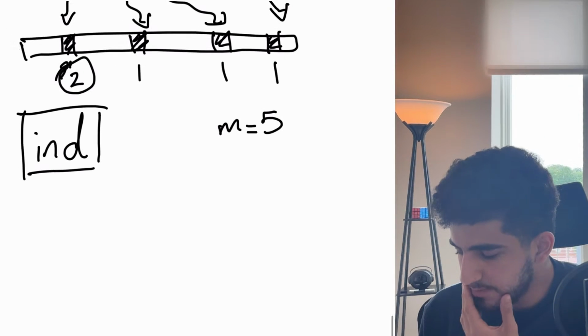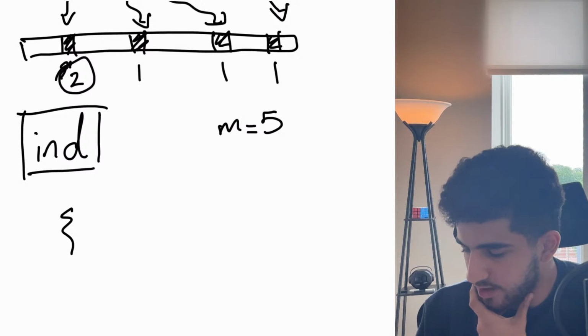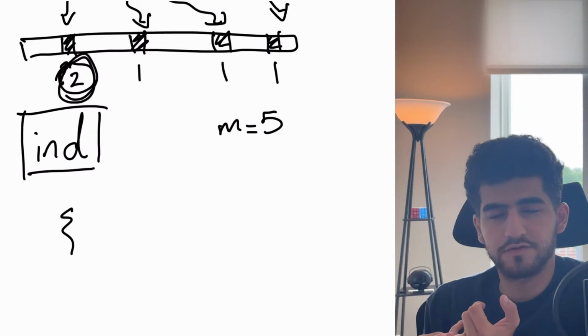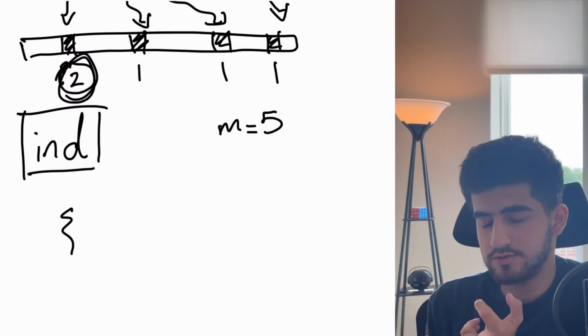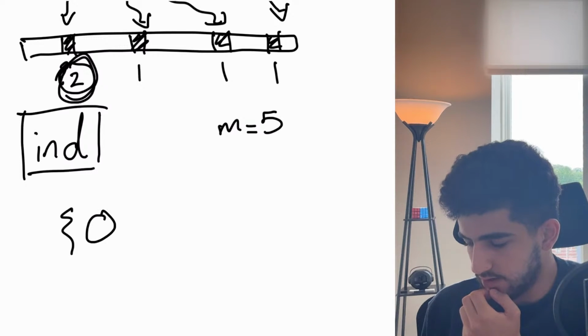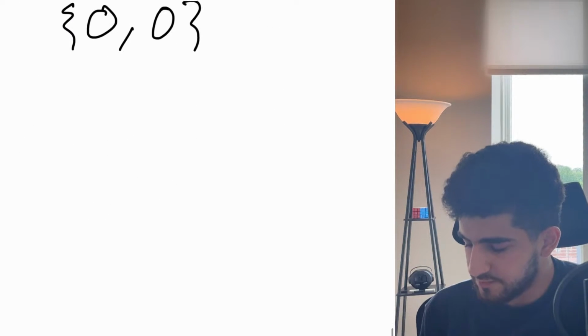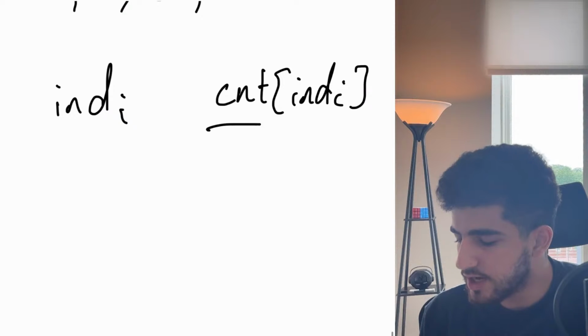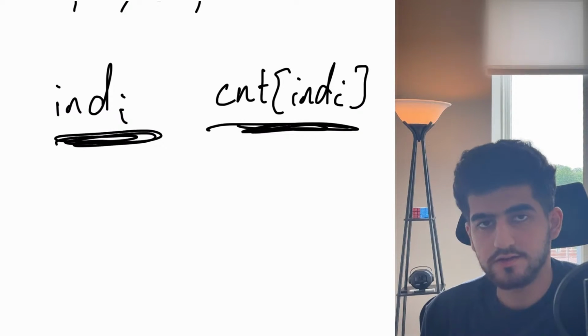So I can make a pair for each one. I can enumerate all of these indices. For example, if we have two of them, we can assign number 1 to the first time that we see it and number 2 to the second time that we see it, and then make a pair out of it. So for each ind of i, we also consider cnt of ind of i, which means how many times I have seen this value.